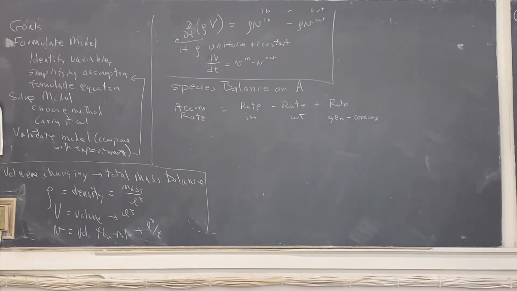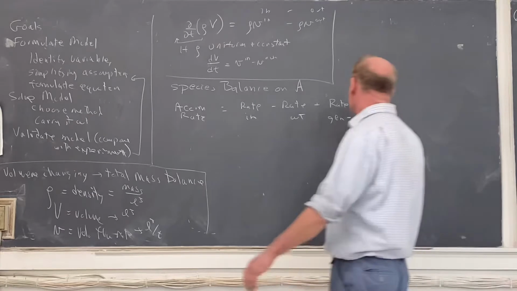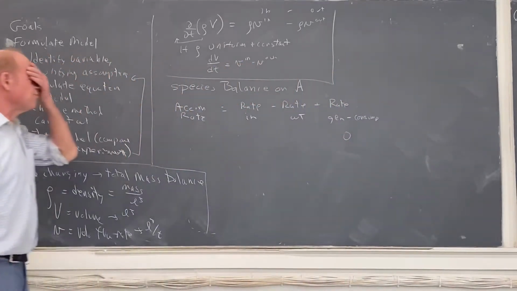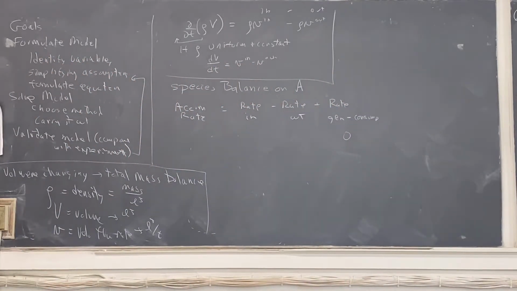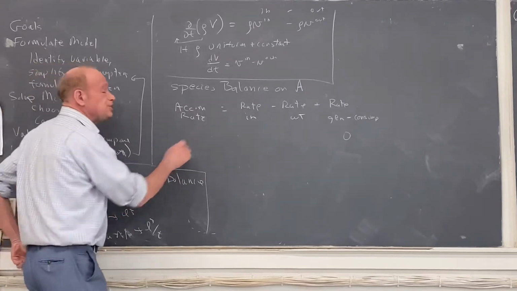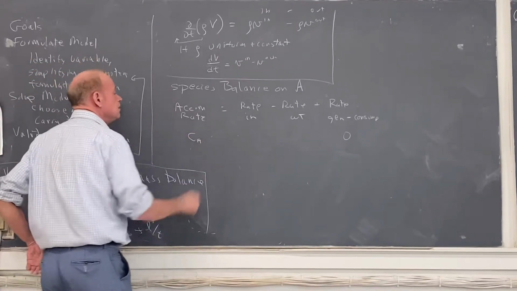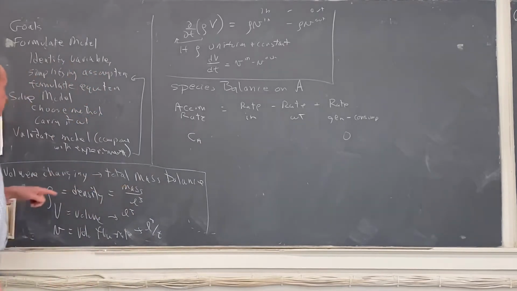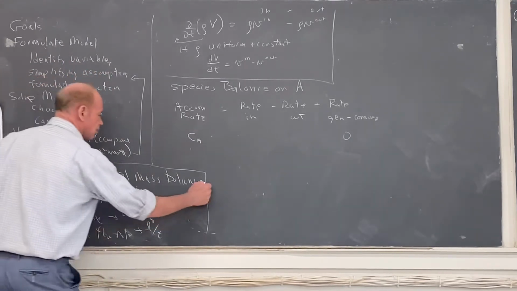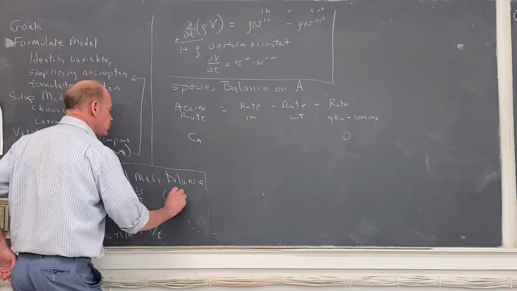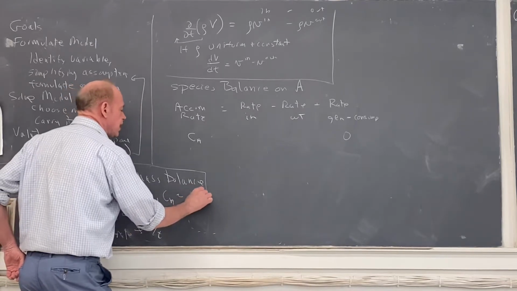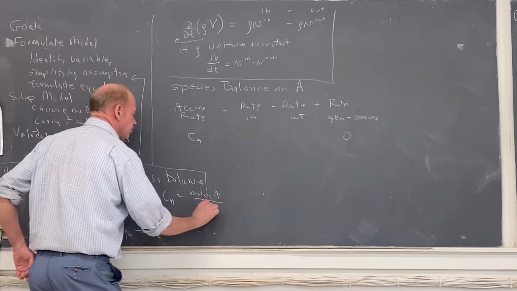So there's no consumption and no generation. But the rate of accumulation of species A. So species A is CA. Remember, let's just write the units. CA has units of moles A per unit volume.